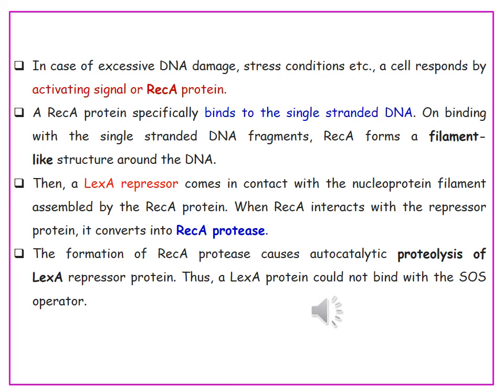Then the LexA repressor comes in contact with the nucleoprotein filament assembled by the RecA protein. When RecA interacts with the repressor protein, it converts into RecA protease. The formation of RecA protease causes autocatalytic proteolysis of the LexA repressor protein.